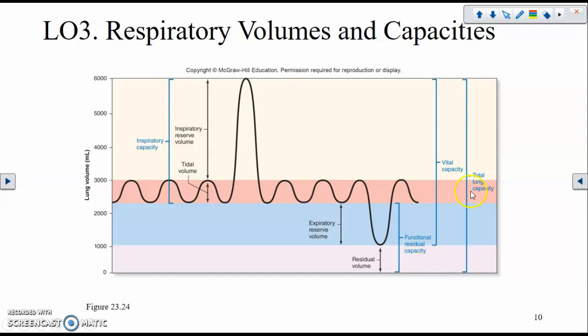The residual volume plus expiratory reserve volume, the air always left over in the lungs, is called functional residual capacity. And the total lung capacity is all of these volumes added together: residual volume, expiratory reserve volume, tidal volume, and inspiratory reserve volume.